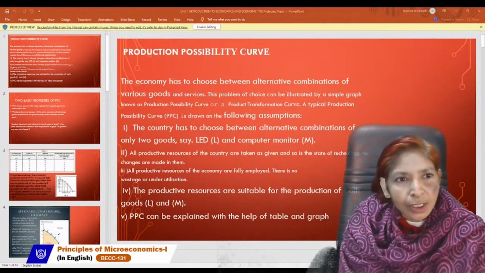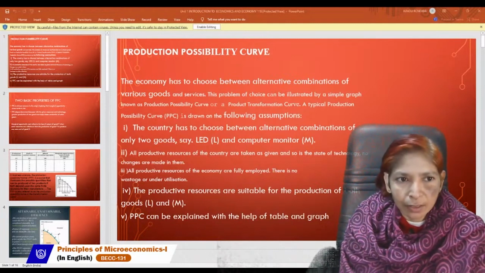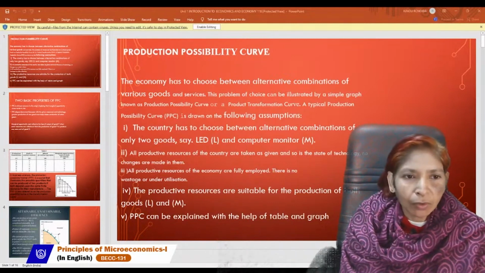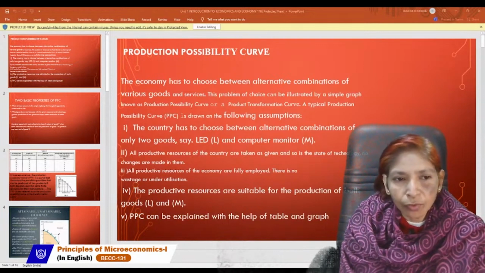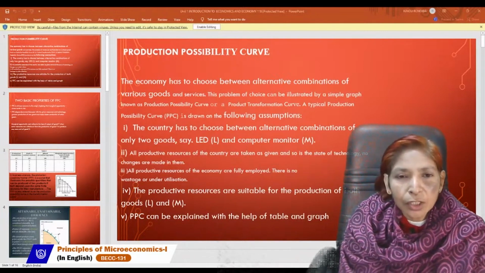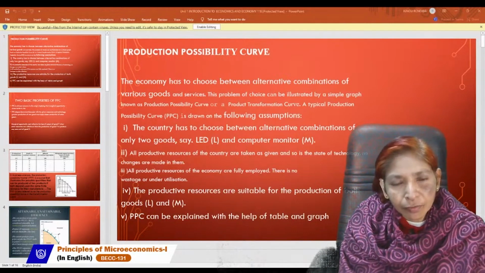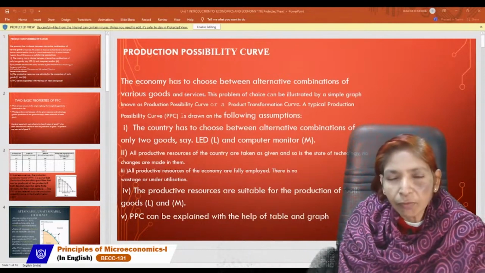Here you are watching that cloth units are increasing by 1 unit each time: 0 to 1, 1 to 2, 2 to 3, 3 to 4, 4 to 5. But the wheat production is falling. Initially, it is falling by 1. After that, it falls by 2, then 3, then 4, then 5.